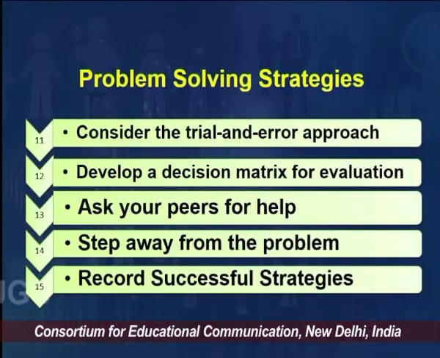Then point number 12 in the problem solving strategy is that we should develop a decision matrix for evaluation. Matrices always help. The good companies and good teams that work very professionally and efficiently always believe in developing matrices.